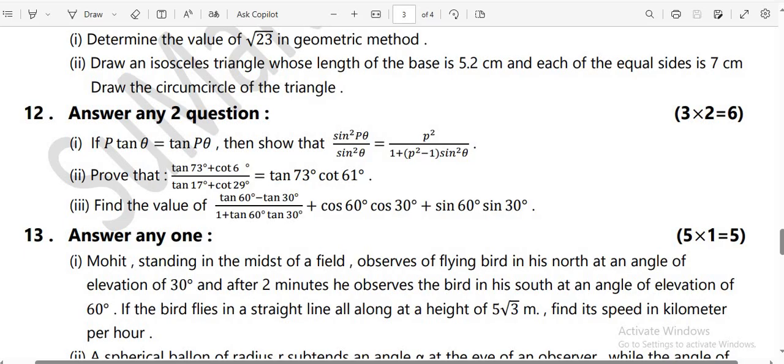Answer any one question. 5 into 1 is equal to 5. 1.